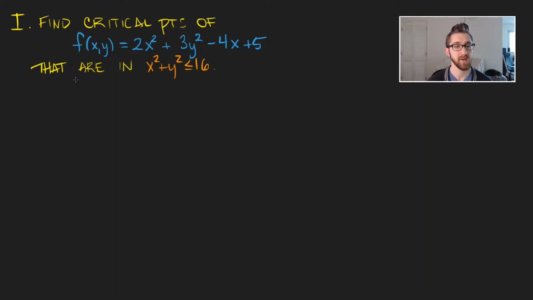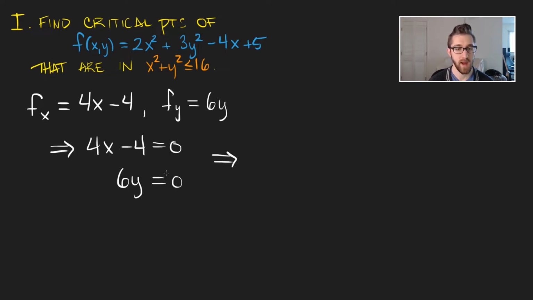Okay, so again, the first step is going to be just to find the critical points of this function, and in particular, only the critical points that lie inside our domain. Remember, to find the critical points, we take the derivatives of f, and we set both of these equal to 0. And for this one, we find that x has to be 1 and y has to be 0. So the only critical point is (1, 0).